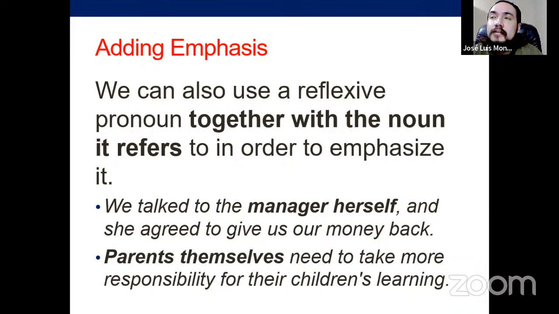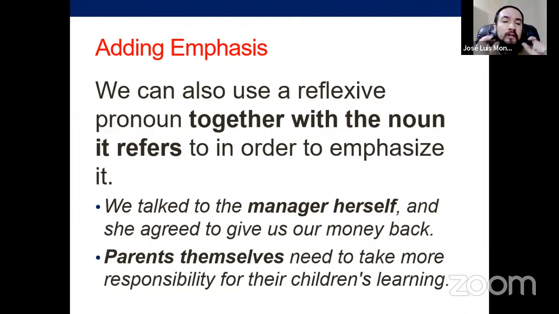And then you can say, right, the teacher herself showed us how to improve these skills. All right, so the teacher herself showed us. We're putting emphasis on the teacher, that it could have been anyone that, all right, could teach us that perhaps, but it was the teacher herself in this case. So what's receiving the action, or not the action, sorry, what's receiving the emphasis is the teacher.